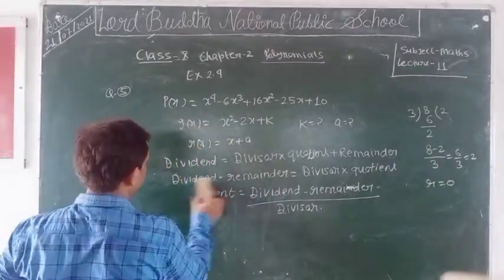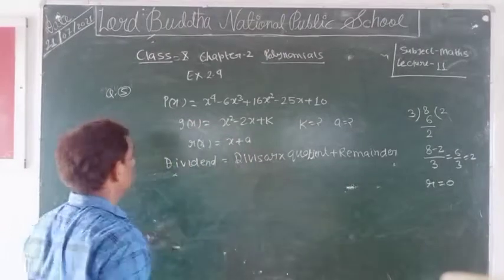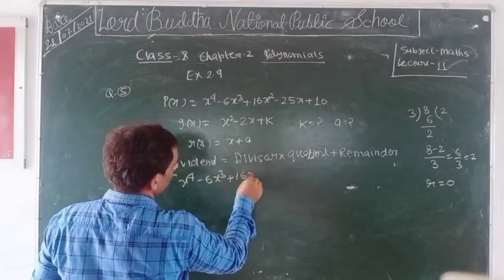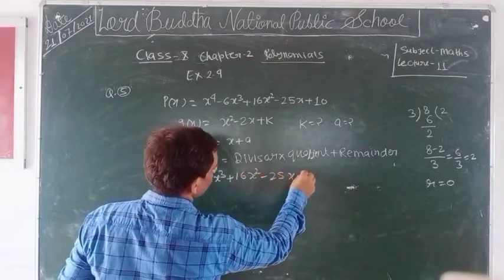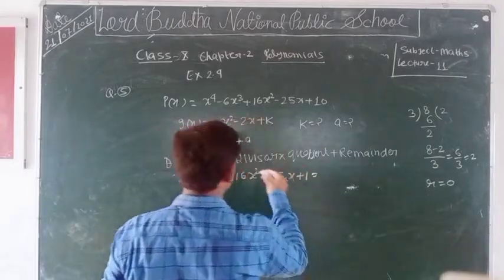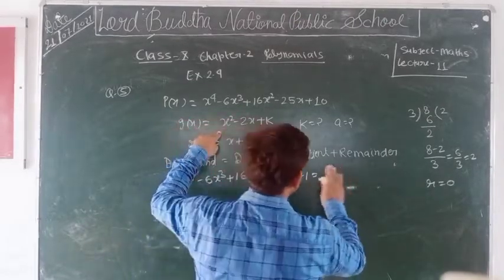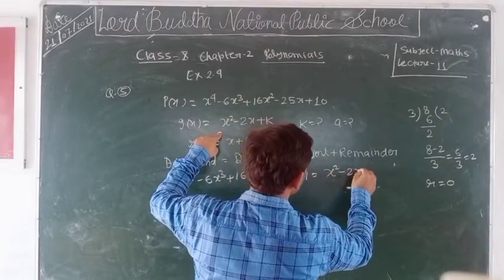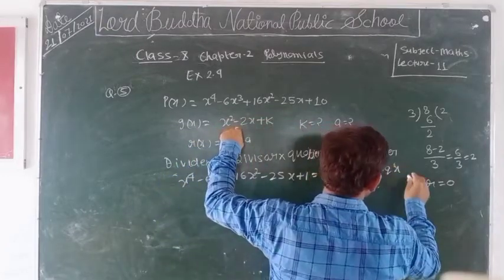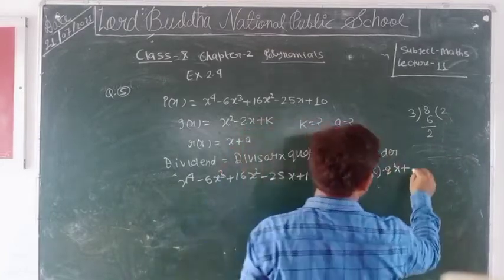Now, see that. We write here x power 4 minus 6x cube plus 16x square minus 25x plus 10 equal to, here g(x), that is the divisor, is given, x square minus 2x plus k. The quotient we write here as q(x), plus remainder x plus a.